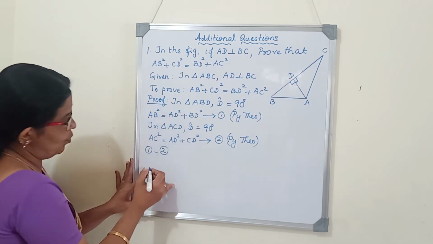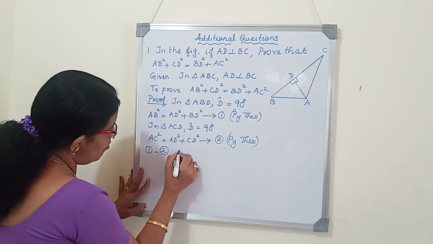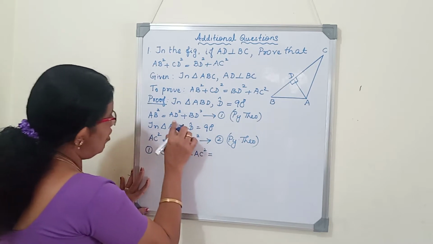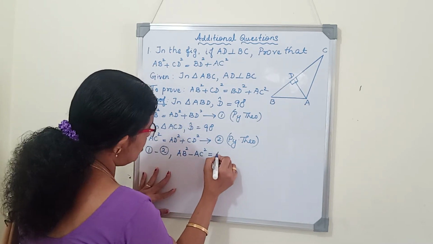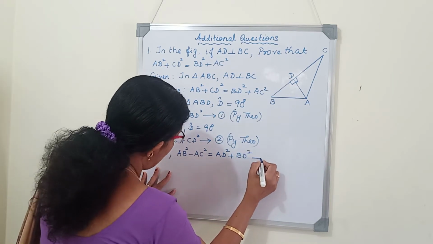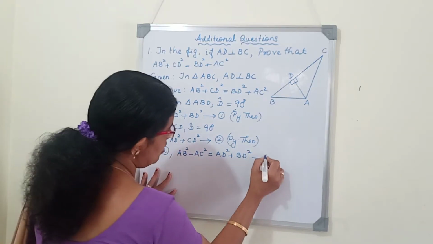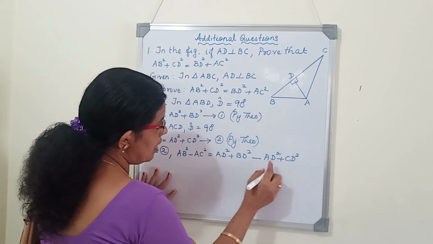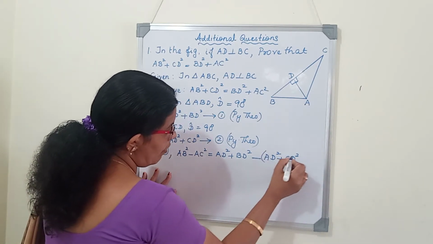Equation 1 minus 2. So we will get AB square minus AC square is equal to, first equation RHS, AD square plus BD square, minus, second equation RHS, AD square plus CD square. As two terms are there in the second equation, we have to put the bracket.